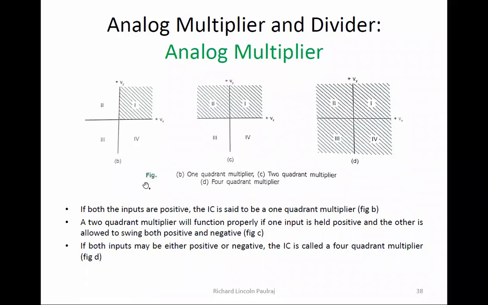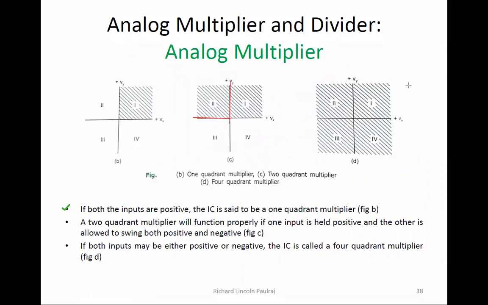Now let us look at the second one. A two quadrant multiplier will function properly if one of the inputs is held positive and the other is allowed to swing between both positive and negative. So let me just draw this. Here it can swing from this value to this value.